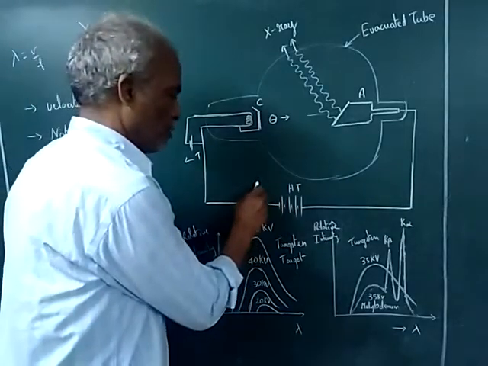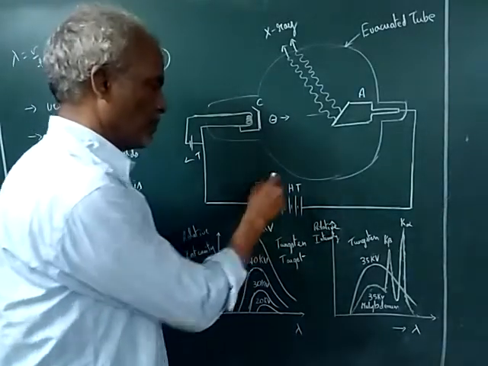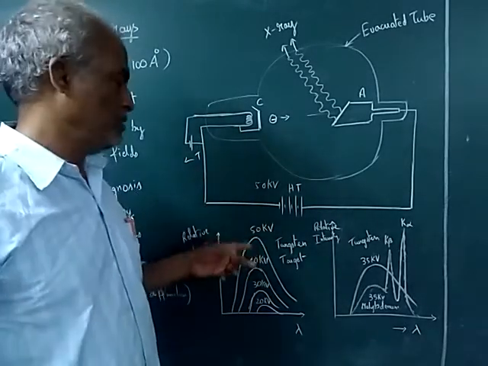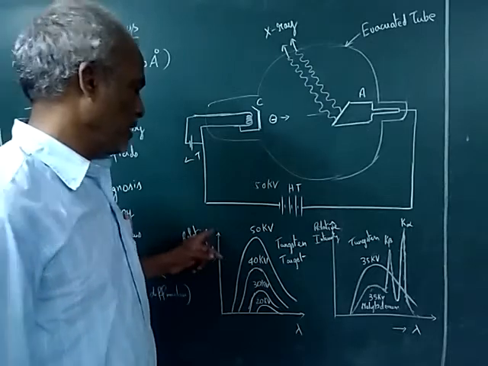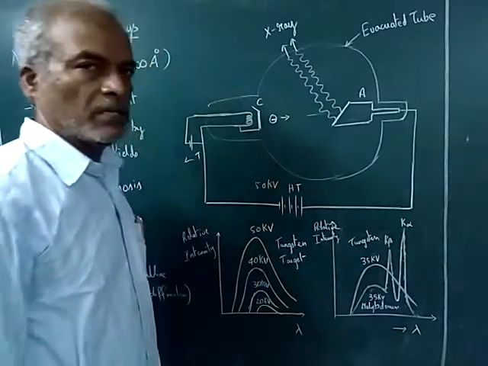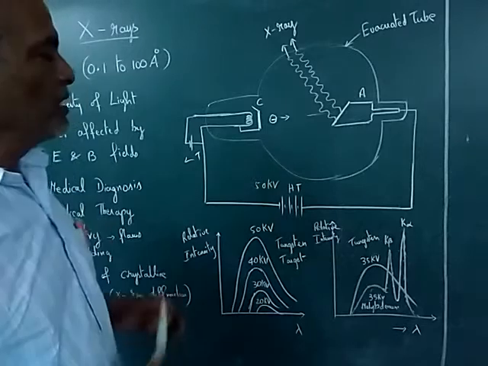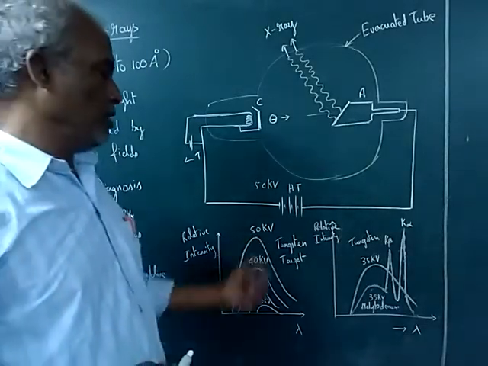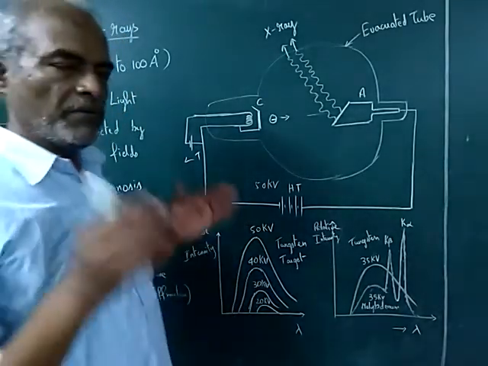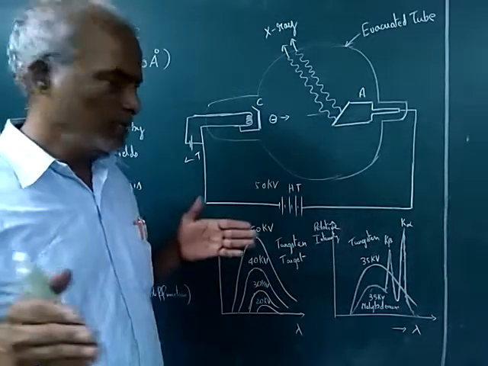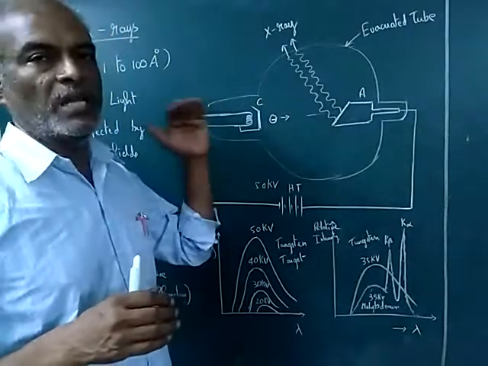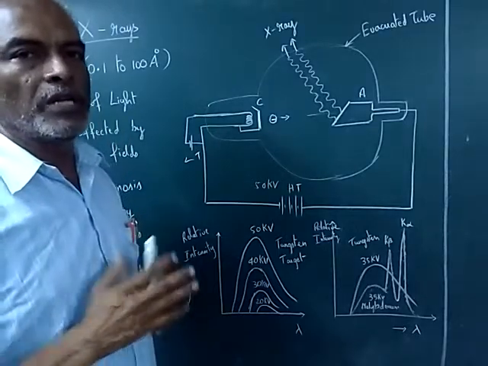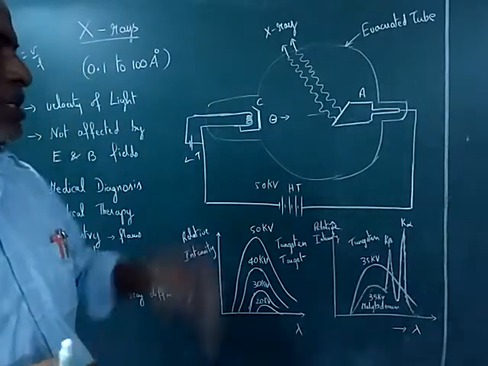When you give 50 kilovolts, that means 50,000 volts, the relative intensity is very high and the spectrum is very wide compared to 20 kilovolts. Therefore, if you operate at 50 kilovolts, you have a very good wavelength range and very high relative intensity. Therefore, you can see very clearly the images of the bone in a photographic plate or X-ray sheet.